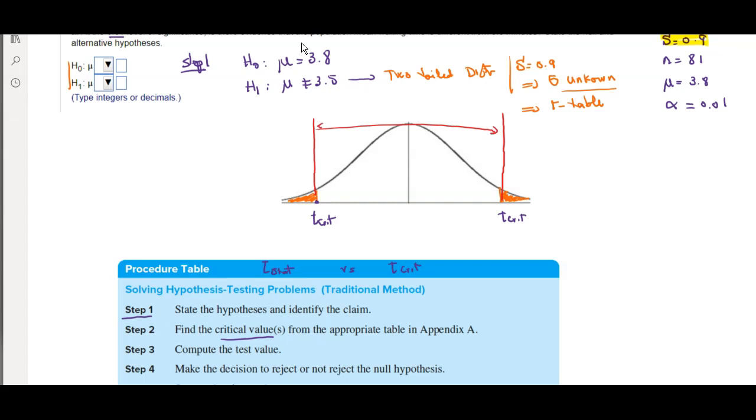Any value in between, you do not reject H0. Otherwise, if you are outside, either on the right or the left, you reject H0. Okay, so let's start with step 2.